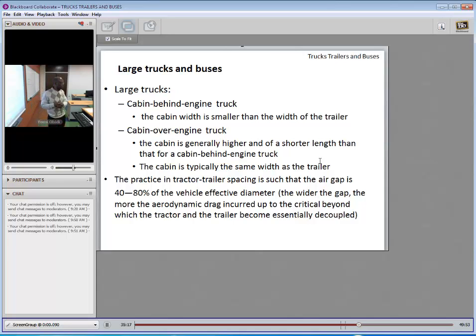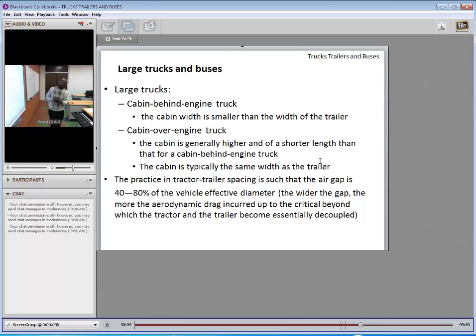Again, for the cabin over engine truck, the cabin is generally higher and of a shorter length than the cabin behind engine truck, and the cabin is typically the same width as the trailer.